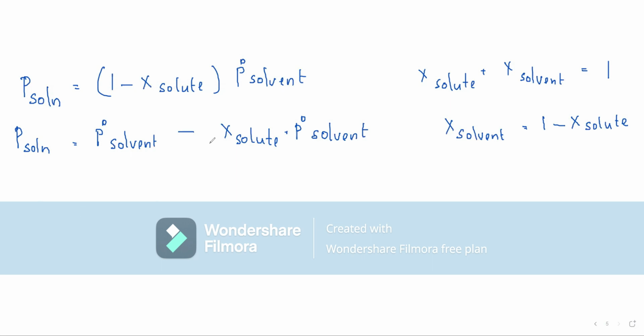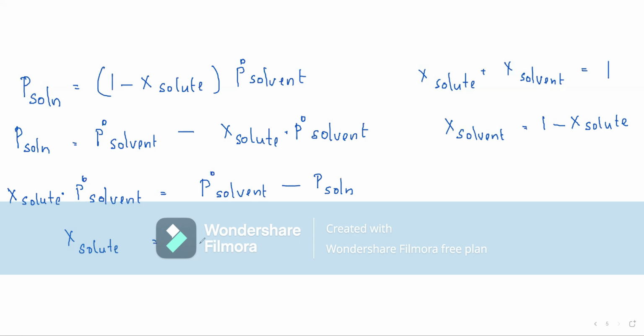Now, bring this minus term to the left side. So this becomes X of solute into P naught of solvent is equal to P naught of solvent minus P of solution. Once again, I'll keep X of solute on the left side.